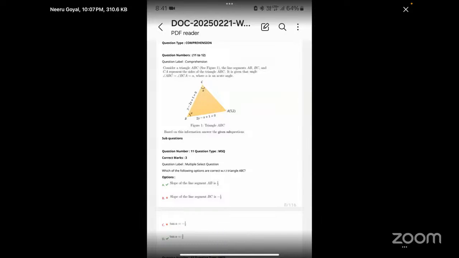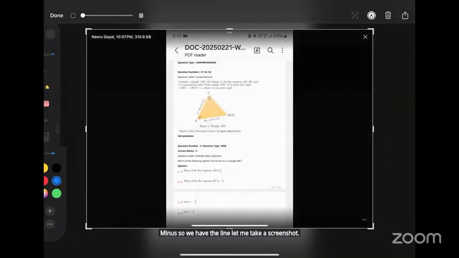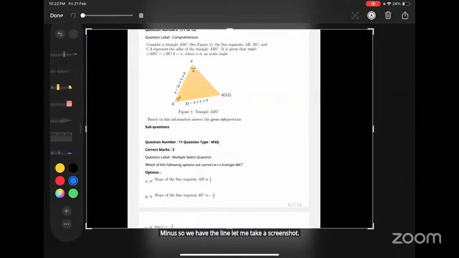Okay. So BC means y minus 2x plus 1. Let me take the screenshot. BC means this line, right? So what is the slope of this line? Minus 2, right?